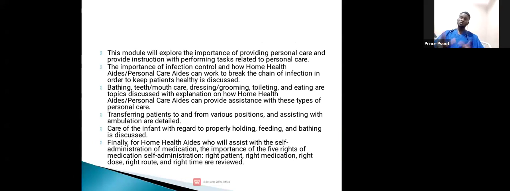So in conclusion, before we end this section, cleanliness is next to godliness, they say. So patient hygiene: a patient's appearance will make them comfortable or make them feel uncomfortable, depending.